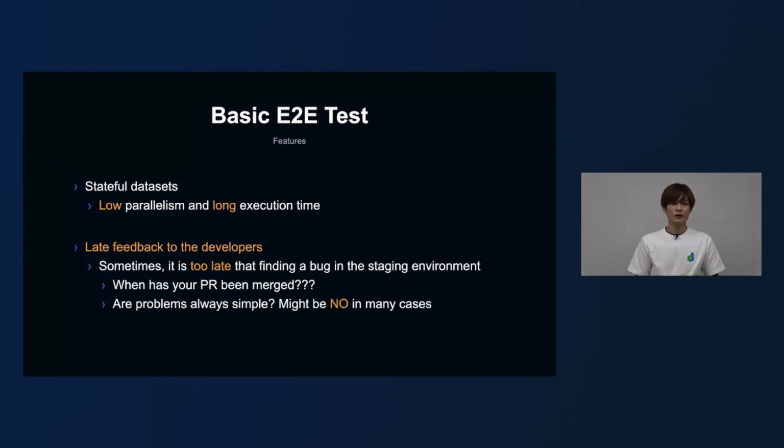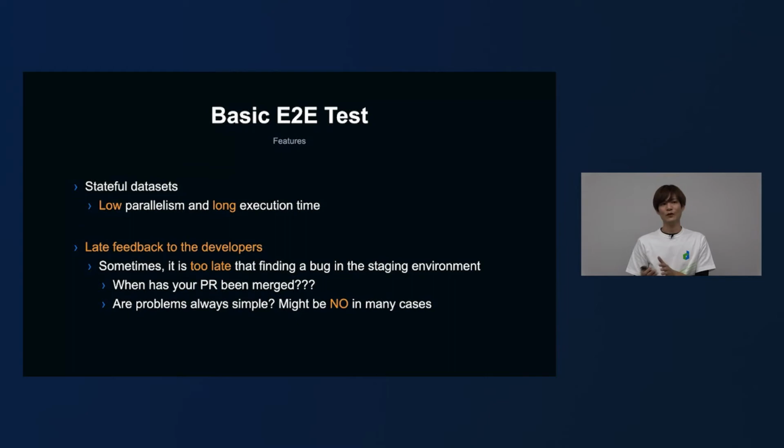Another major challenge was late feedback to developers. So imagine, for example, in the staging environment, you find a bug, but it is too late to feed that back to the developers. If a pull request is made and merged immediately, and QA testers find bugs in the staging environment immediately, that wouldn't be a problem.